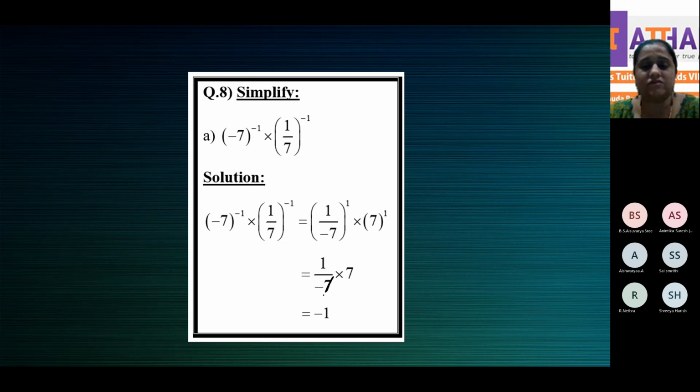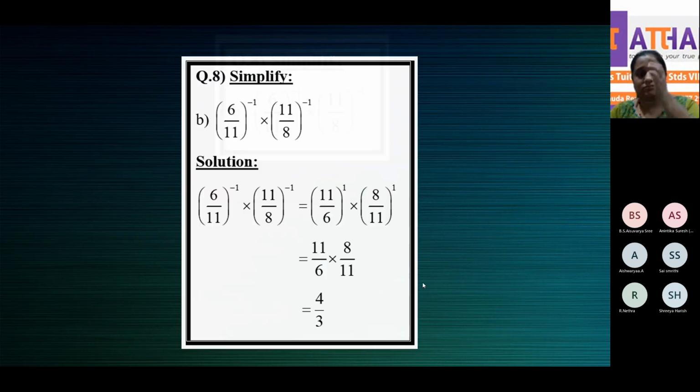So here 7 and 7 will get cancelled. So the answer is 1 minus 1. Done, ma'am.